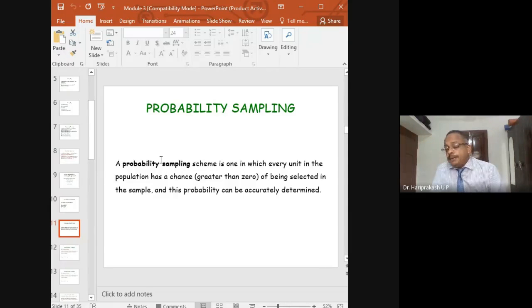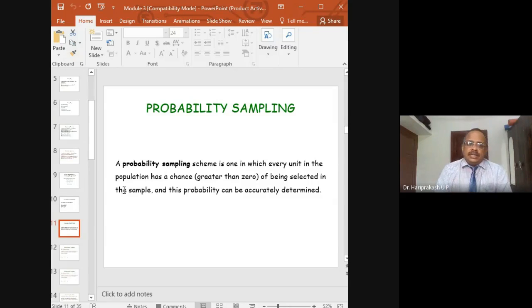So what do we mean by probability sampling? A probability sampling scheme is one in which every unit in the population has a chance greater than 0 of being selected in the sample, and this probability can be accurately determined. So in probability sampling, every element in the population has an equal probability of being selected in the sample.